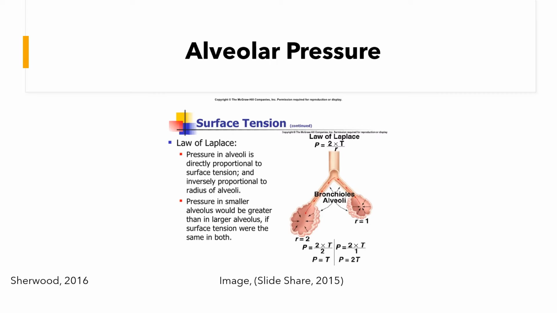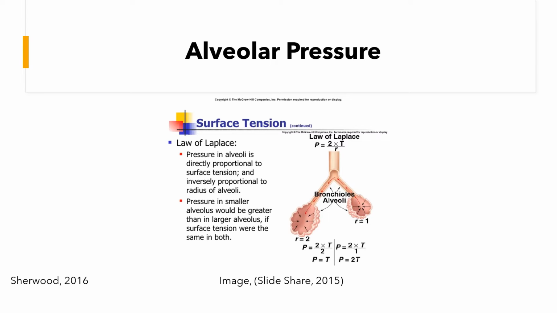So what that means is that pressure in smaller alveoli would be greater than in larger ones if the surface tension were the same in both. You can see the equation P equals 2 times T divided by R, where P is pressure, T is tension, and R is radius.